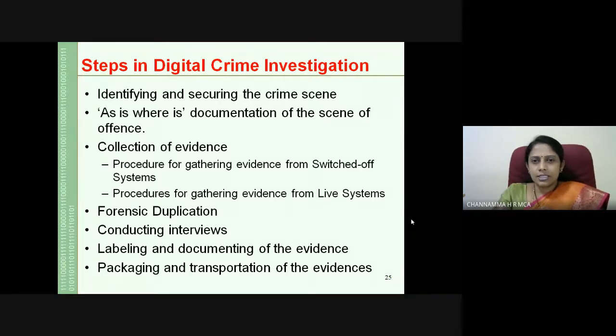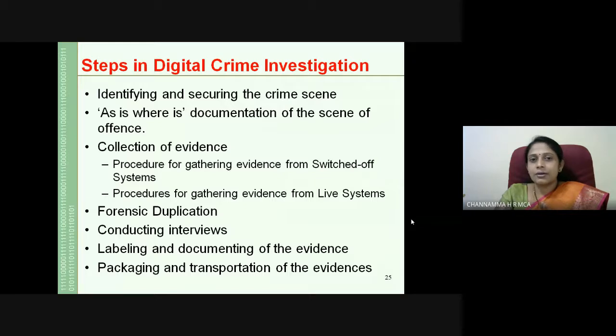These are the overall steps a digital crime investigator usually follows. First he has to identify and secure the crime scene by pre-investigating the scene of crime, and also by chain of custody, and as-is-where-is documentation of the scene of offense.